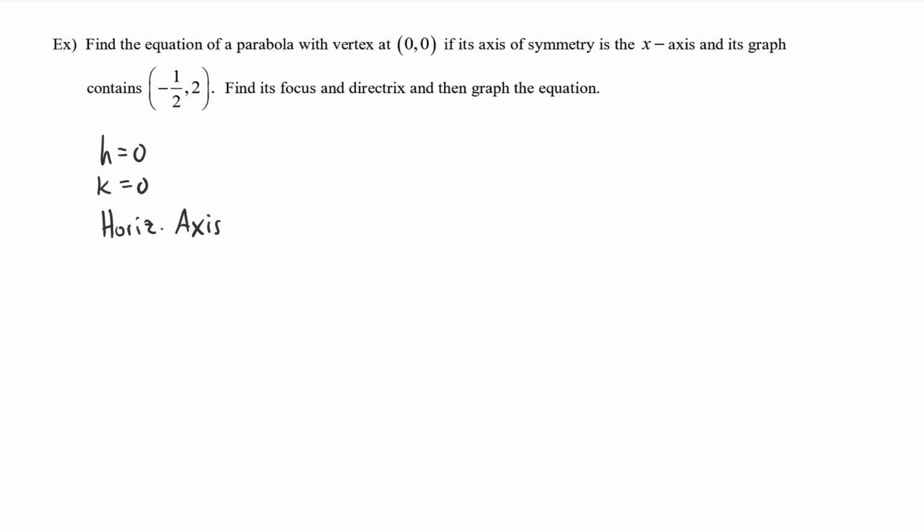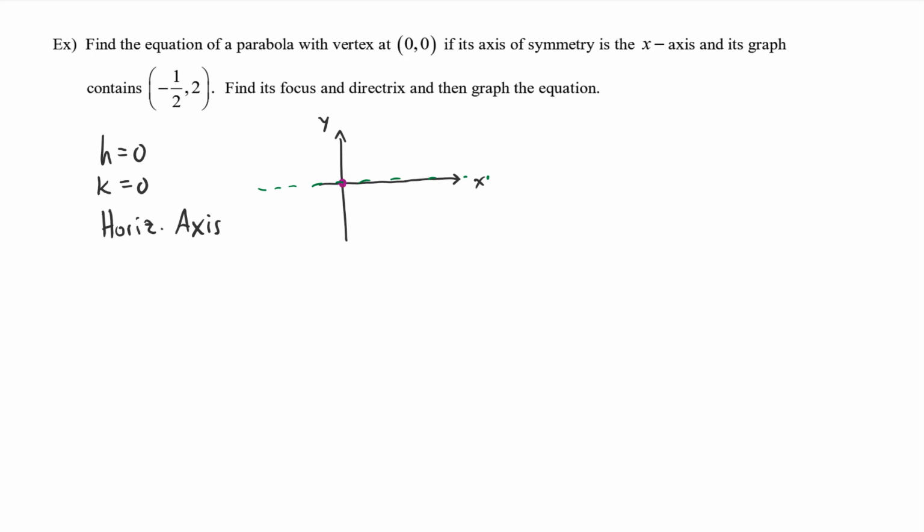So our vertex is 0, 0. So if I sketch this real quick, this isn't my final official graph, but its vertex is 0, 0, and its axis of symmetry is the x-axis. So this parabola is either going to open this way or it's going to open this way. It either opens left or opens right. It's got to be one or the other. So that narrows down my equations.